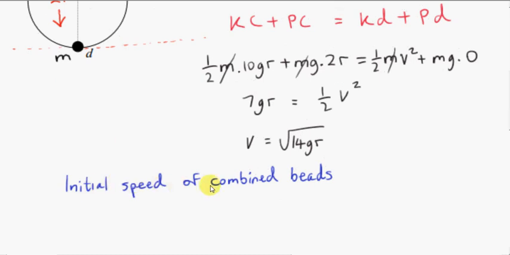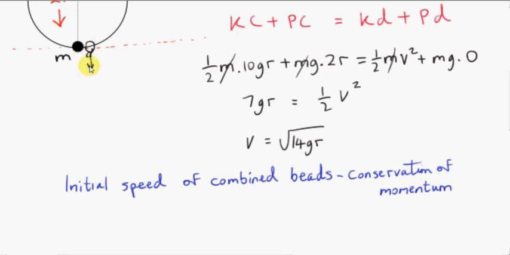Next we will get the initial speed of the combined beads. We can use conservation of momentum for this part, because just before the first bead collides with the second bead, and just after they collide, there is no force acting in the direction of motion of the first bead and the combined beads. The forces are always perpendicular to the directions of motion.